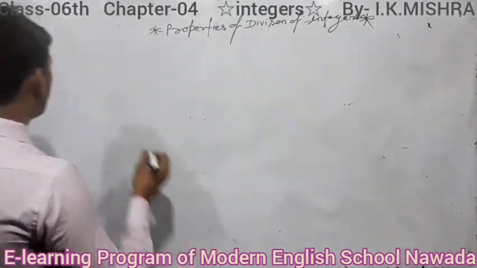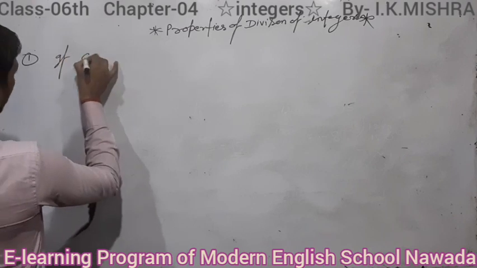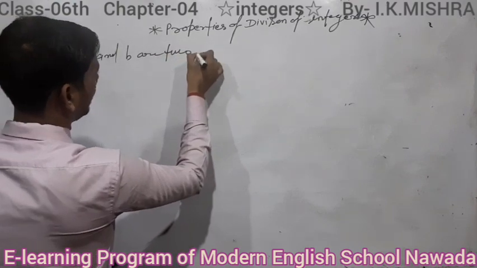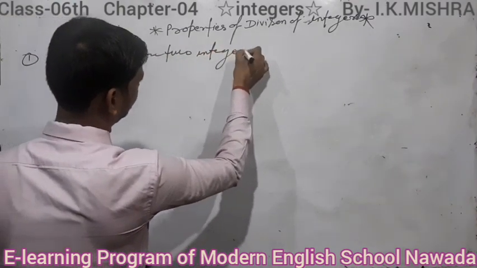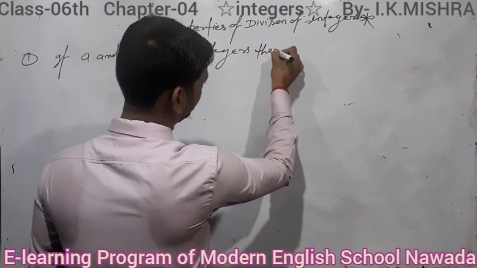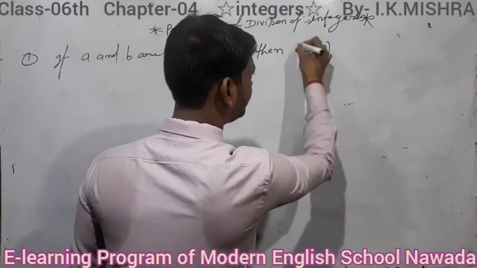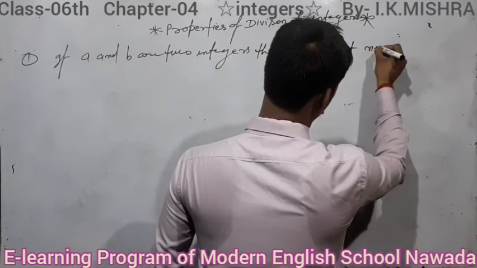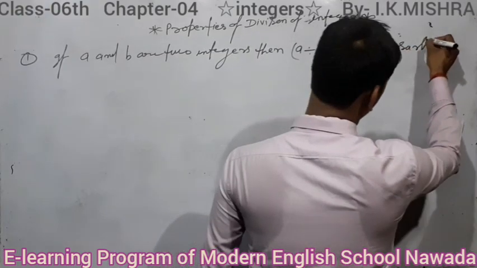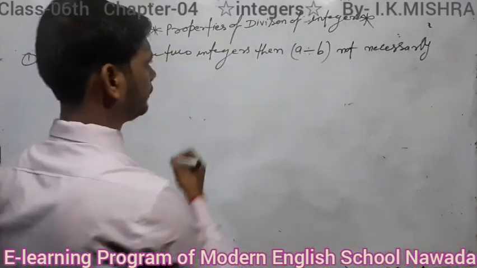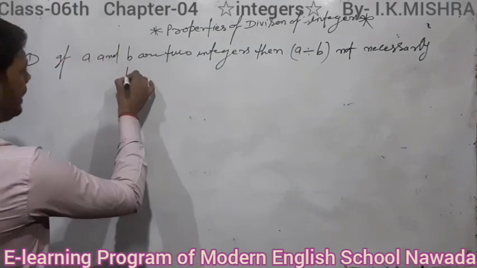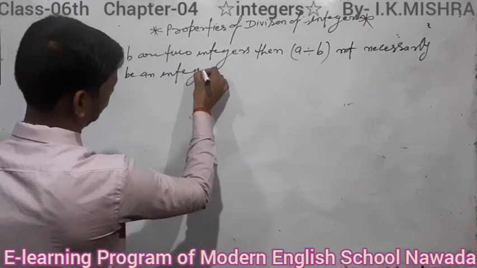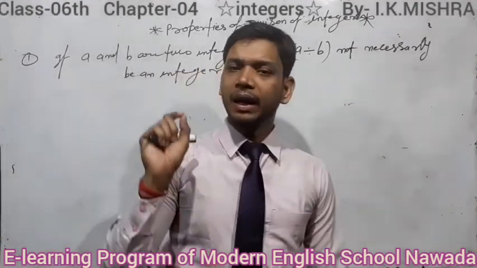First property: if a and b are two integers, then a divided by b is not necessarily an integer.